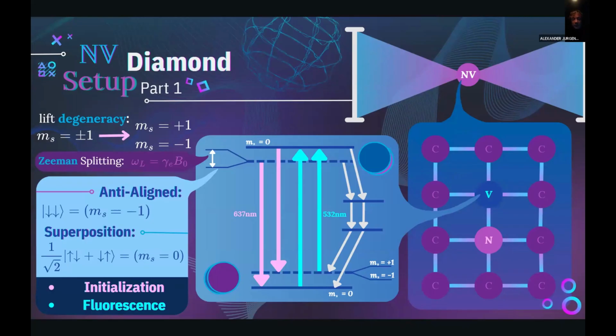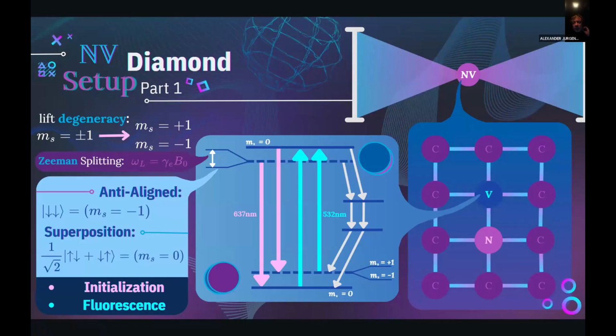So what you have is a diamond, which is simply a carbon lattice. On the right-hand side of this slide, you see that oversimplified. A carbon lattice is not square. It's a three-dimensional thing, but we're simplifying here. And NV stands for nitrogen and vacancy. Carbon atoms are number 6 on the periodic table.